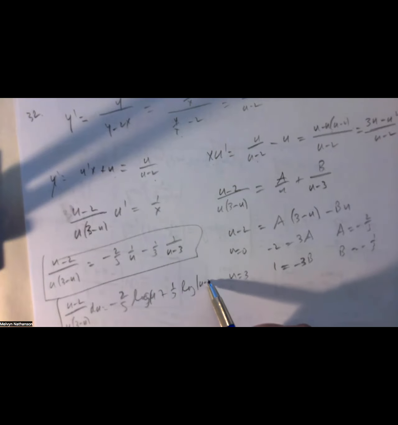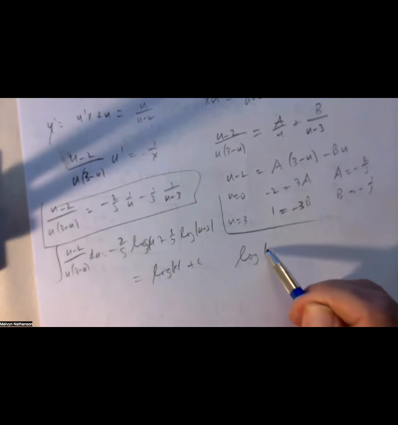So this, I believe, is correct. So the integral of u minus 2 over u times 3 minus u du is the integral of this, which is minus 2/3 log u minus 1/3 times the log of u minus 3.